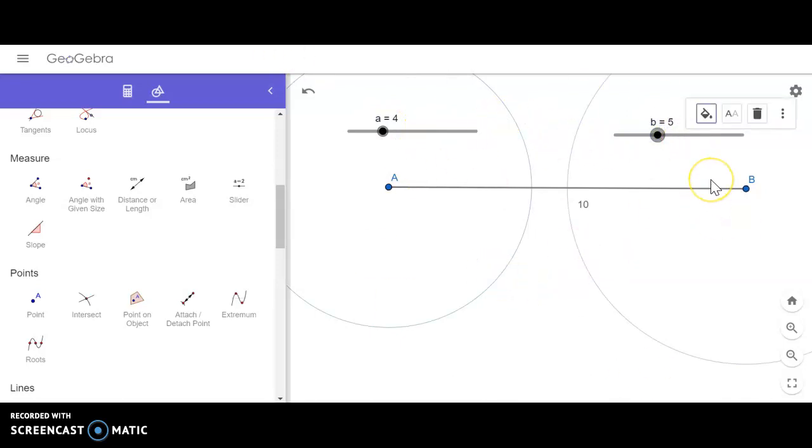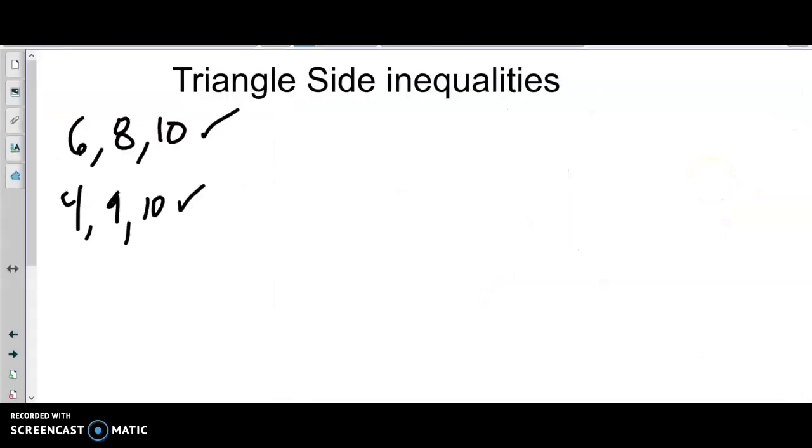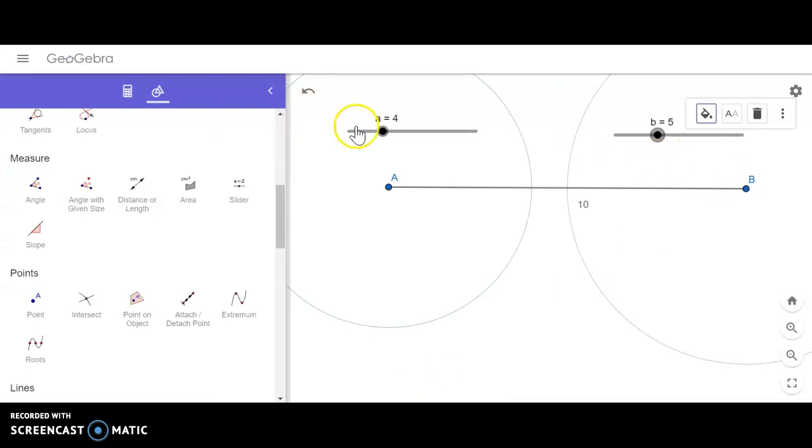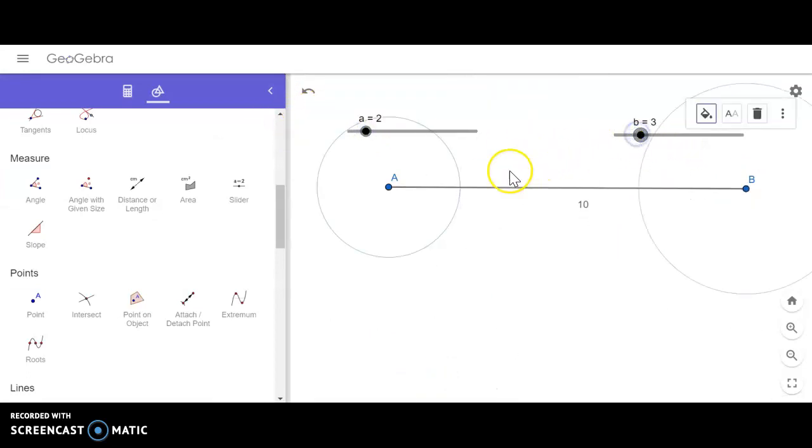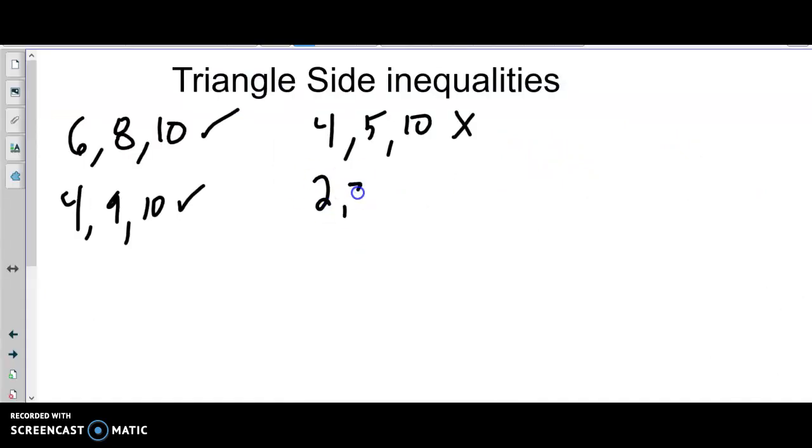So 4, 5, and 10 do not make a triangle. And then we can look at any other sides too, right? So 2 and 3 do not make a triangle either with 10. So 2, 3, 10 do not make one.